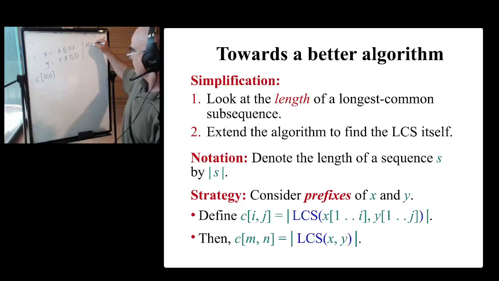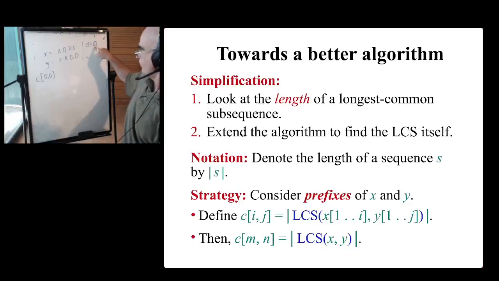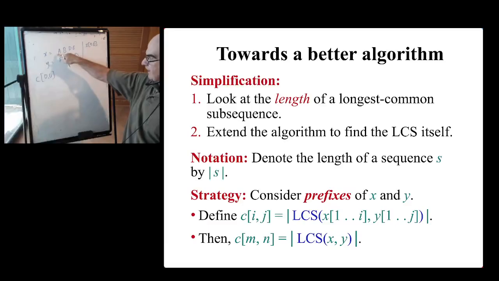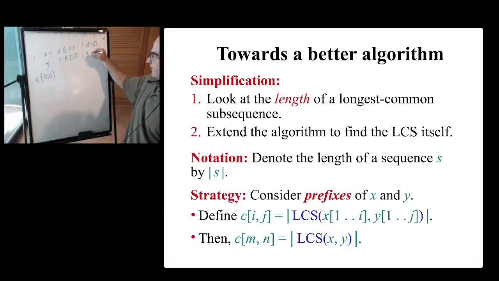X of 1 dot dot 0 is a prefix that contains the first 0 characters of x. Similarly, y of 1 dot dot 0. Again, don't be confused by the 1 over here. It's not the first character of y. It will start at the first character, but you are progressing 0 characters. So this is an empty string.